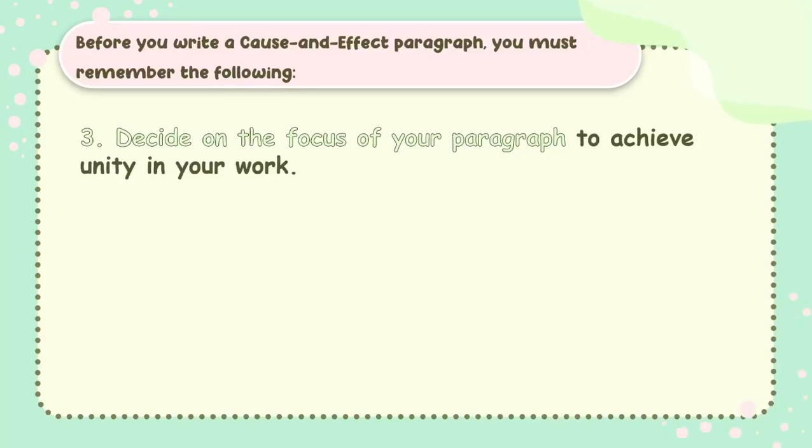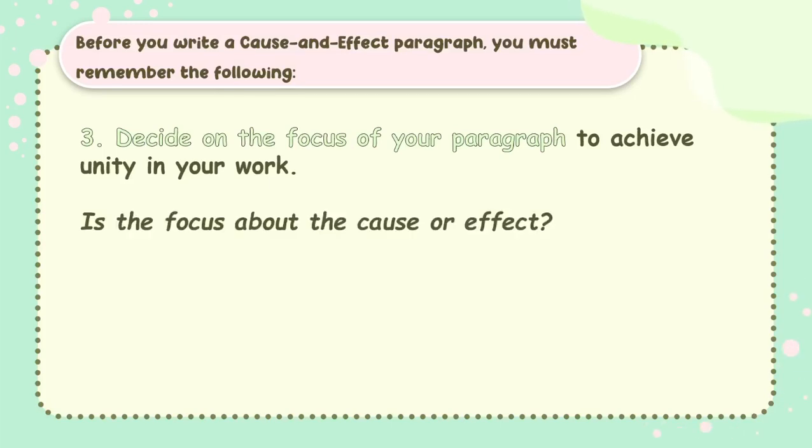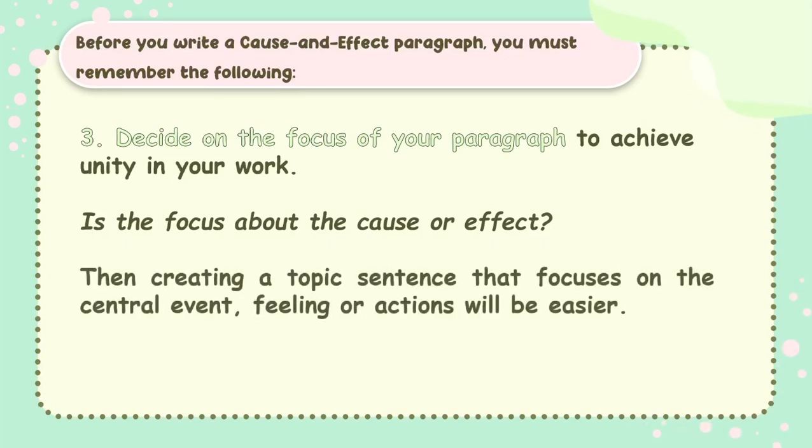Third, decide on the focus of your paragraph to achieve unity in your work. Kailangan makapag-decide ka. Is the focus about the cause or effect? Kanina sa format, naging malinaw naman. Then creating a topic sentence that focuses on a central event, feeling, or actions will be easier.